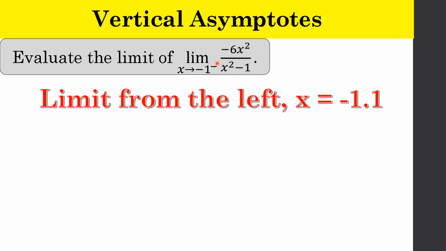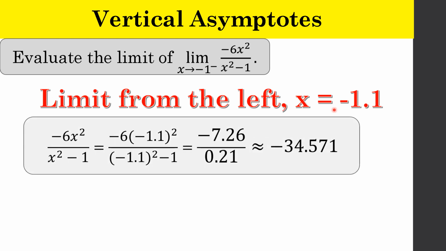Ibig sabihin, kukuha tayo ng value ng x which is nasa left part ng negative 1. In this case, gagamit ako ng x is equal to negative 1.1. By substitution, pinalitan lang yung x, then simplify, then the estimated value is negative 34.571.